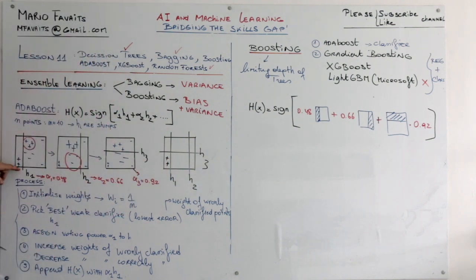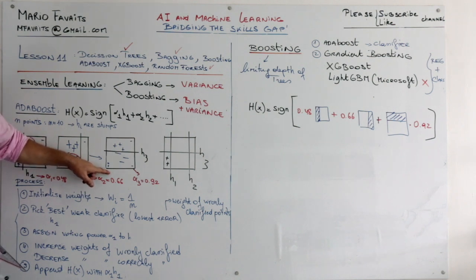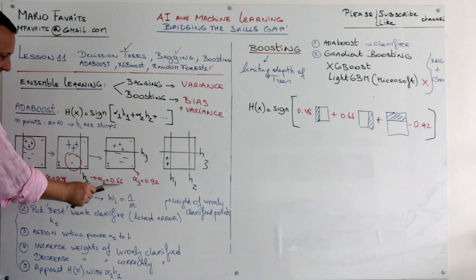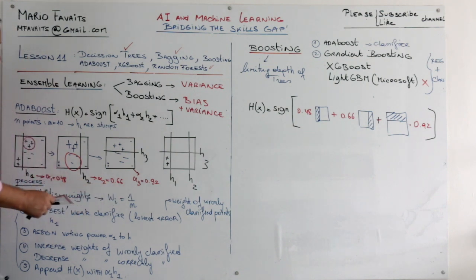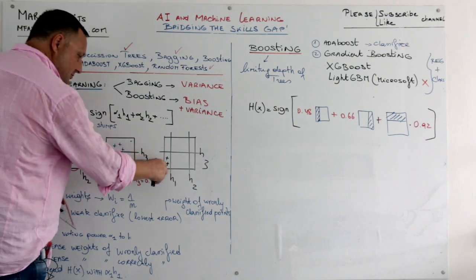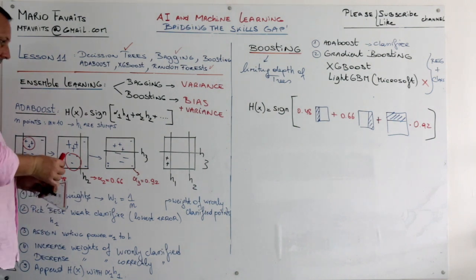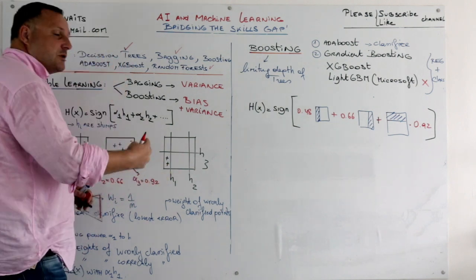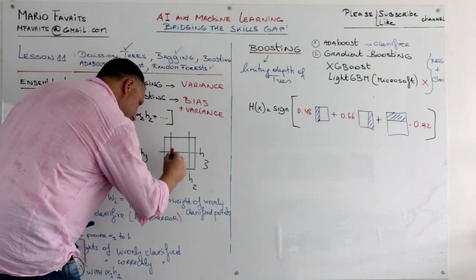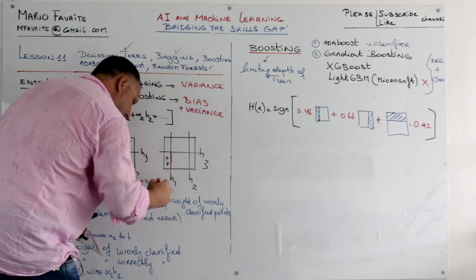They were positively classified by H1 and also by H2, and negatively classified by H3. But 0.48 plus 0.66 is larger than 0.92, so these two will be correctly classified as plus. They are on the positive side, which is left or on top, so we can already draw that line.